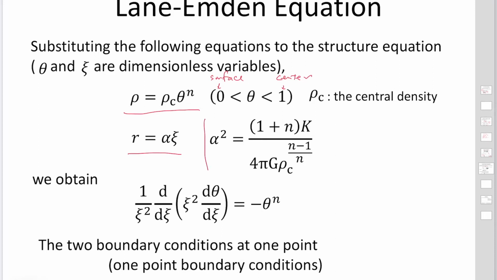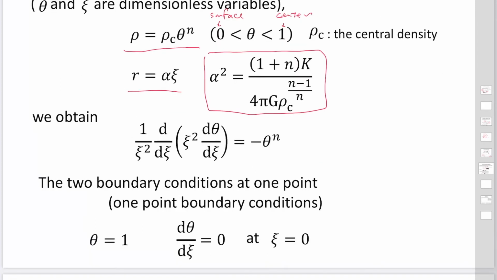Alpha is expressed in this equation. So alpha has the dimension of meters. So the equation becomes expressed like this by introducing g and theta.